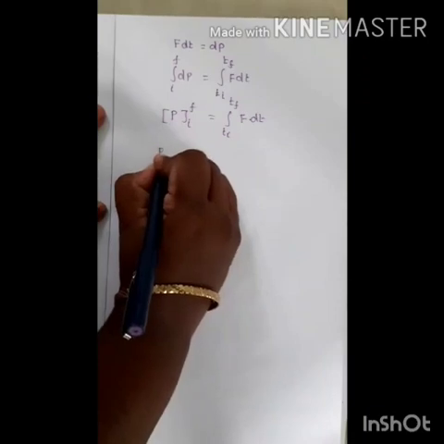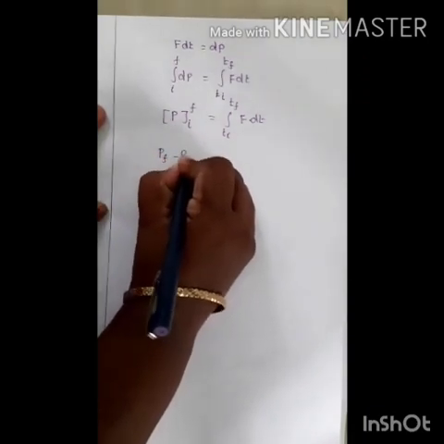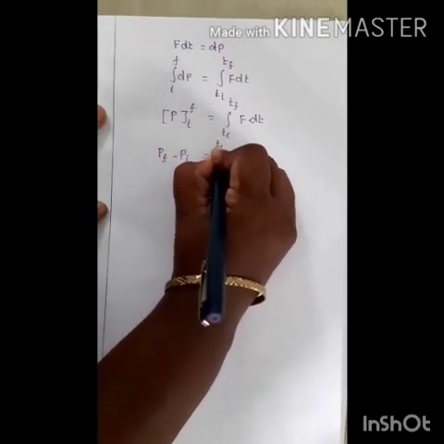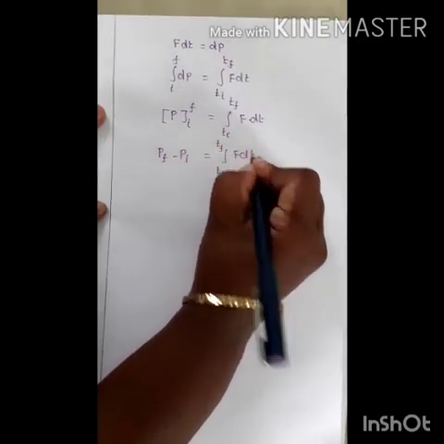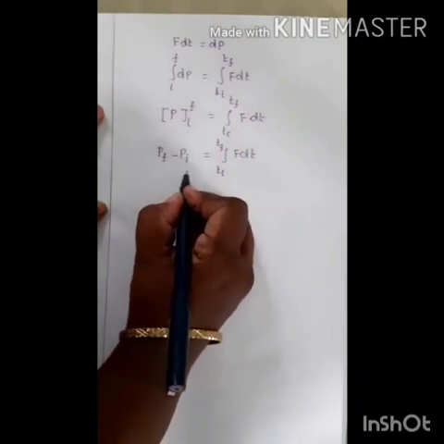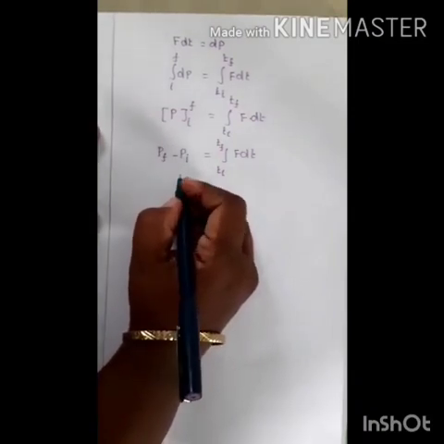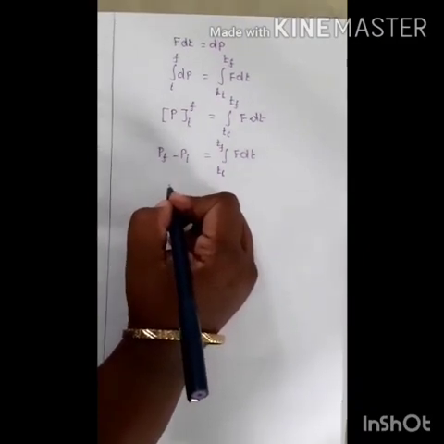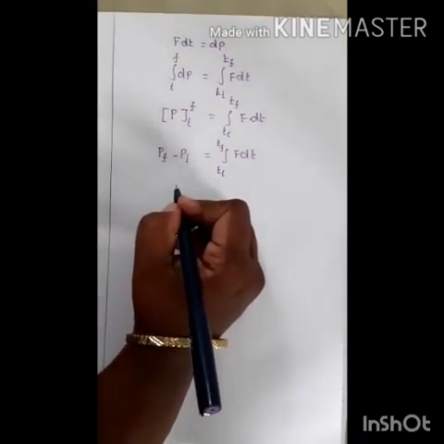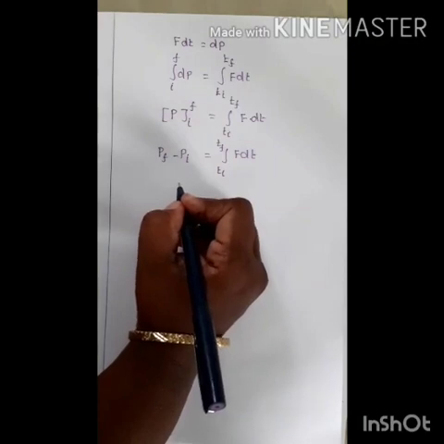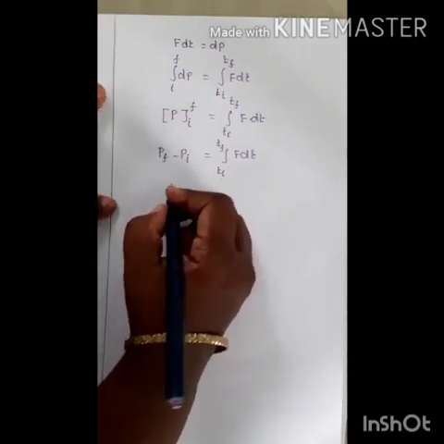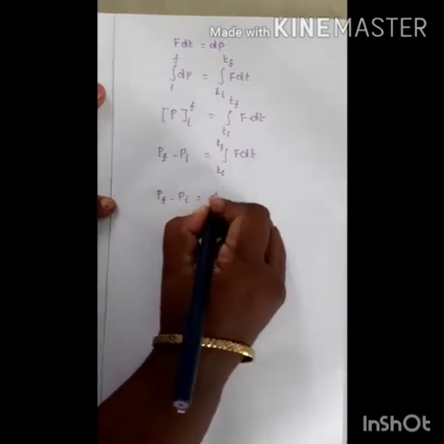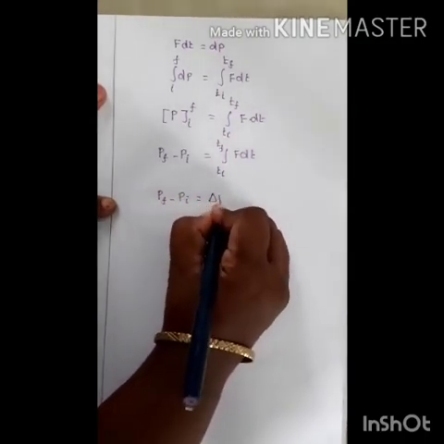Therefore, p_f minus p_i is equal to the integral from t_i to t_f of F dt. p_i is the initial momentum of the object at time t_i, and p_f is the final momentum of the object at time t_f. Therefore, p_f minus p_i is equal to the change in momentum, delta p.